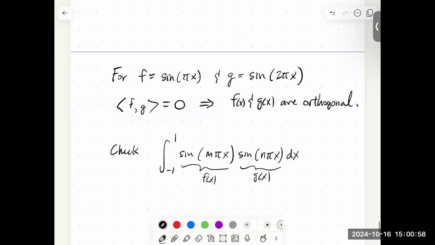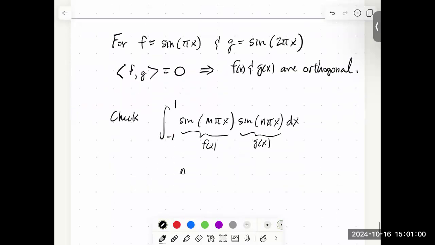And the only restriction is that n and m are integers, and m is not equal to n. Okay, what do you think the result of this inner product is going to be? It's going to be 0, right? If you have done Fourier series recently, this is critical for Fourier series.